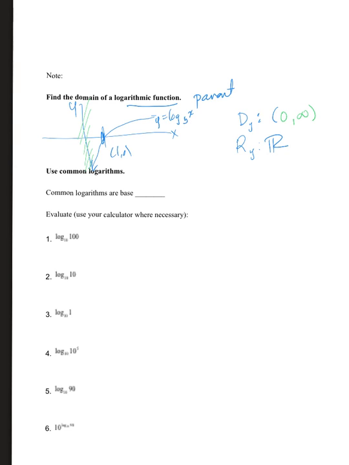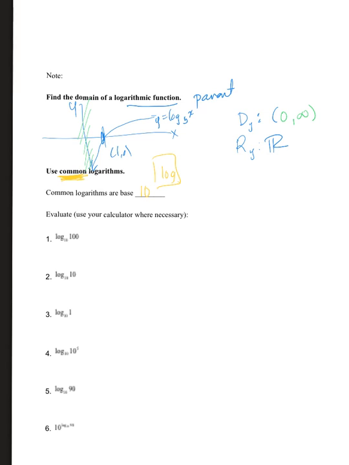Now, there are two important types of logarithms, and they refer to the base. So if I say I am working with what is known as a common logarithm, and if you look on your calculator, you do in fact have a log button. That means that the base of the logarithm is 10.